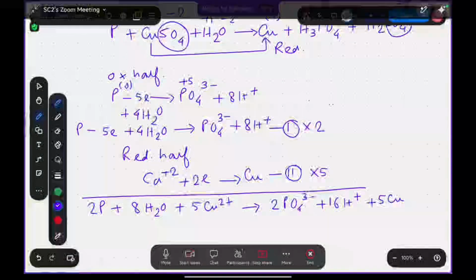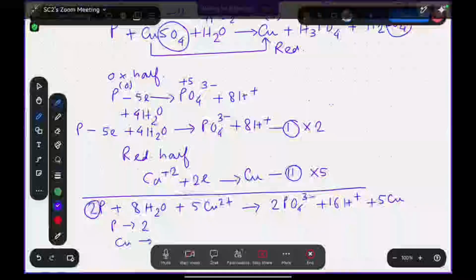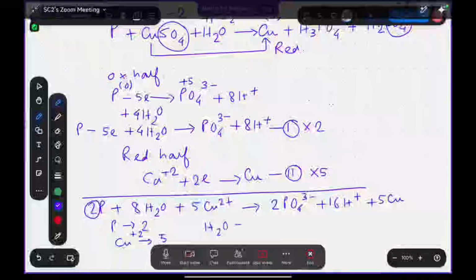That means in your question, you are asked to find out the coefficient of phosphorus. Coefficient of phosphorus is 2. Coefficient of copper is copper 2 plus copper sulfate is 5. And coefficient of water is 8. That means your option B is correct. Option B is correct. 2, 5 and 8.